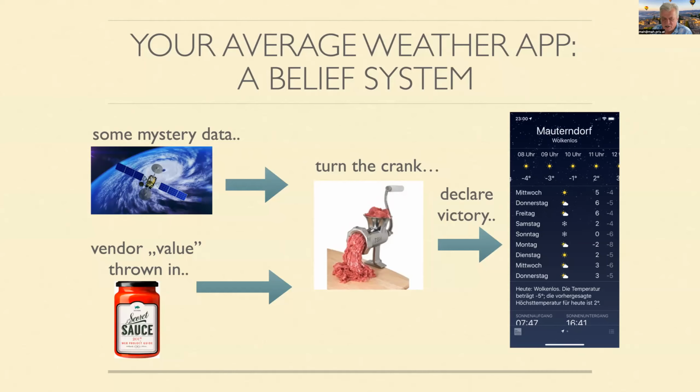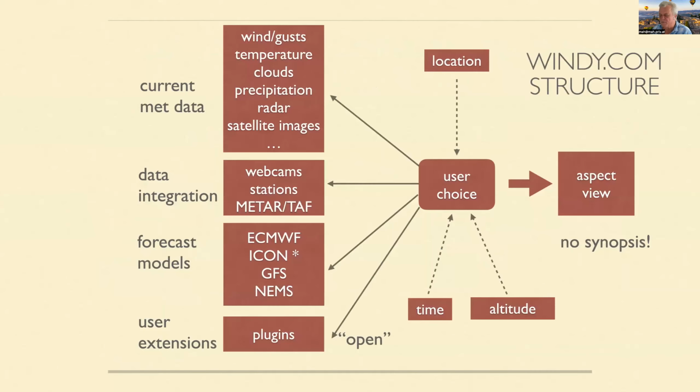Now, in comparison, let's have a look at what Windy does. If you have used Google Maps, you've discovered the feature of choosing a layer, like the satellite layer, the standard map layer, the terrain layer, and so forth.